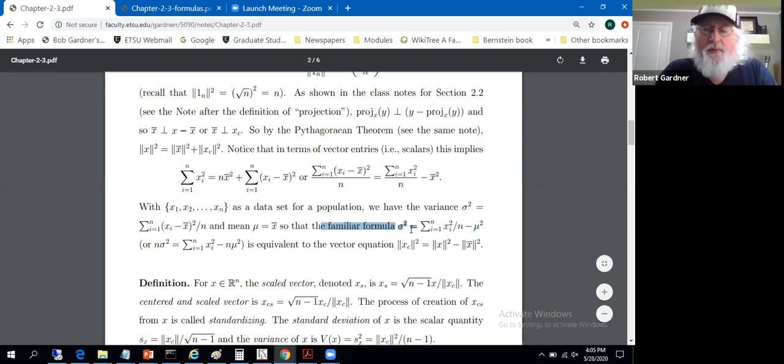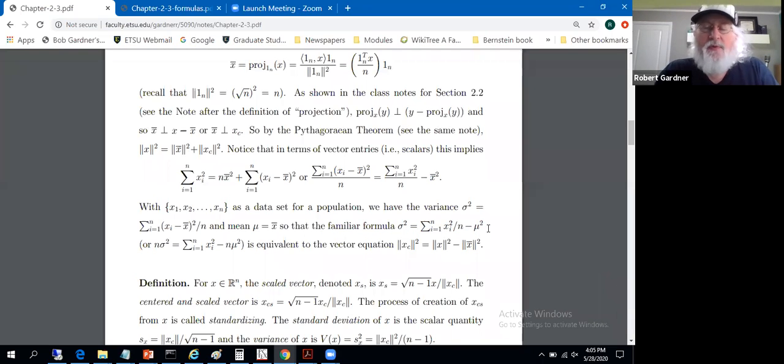A familiar formula, I've claimed. This is familiar to you if you've had the misfortune of having to compute variances from a table of data by hand, which can be tedious. This formula is not as bad as some formulas, if people still compute these things by hand.